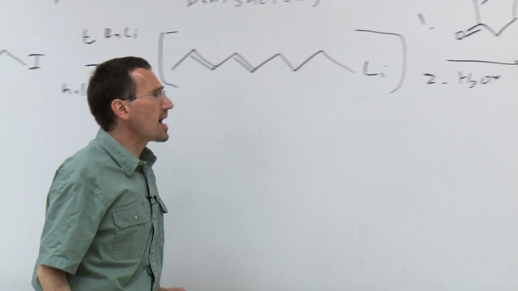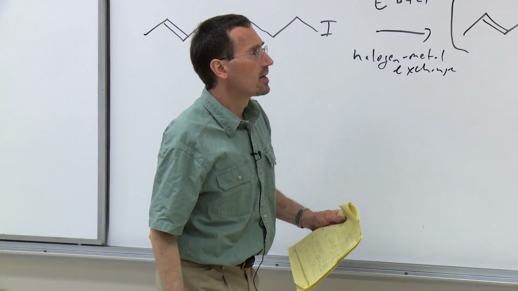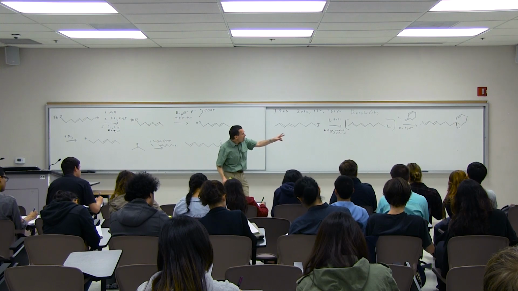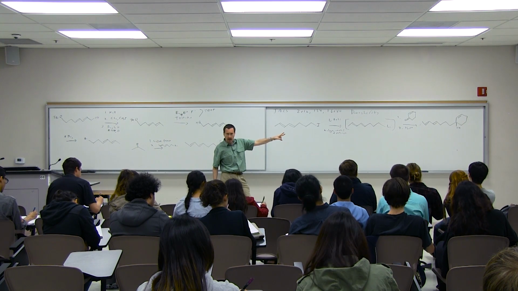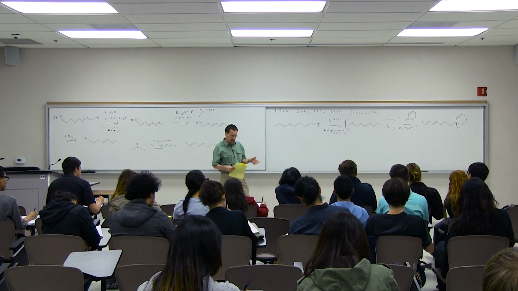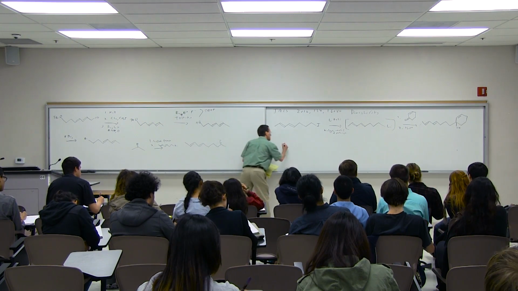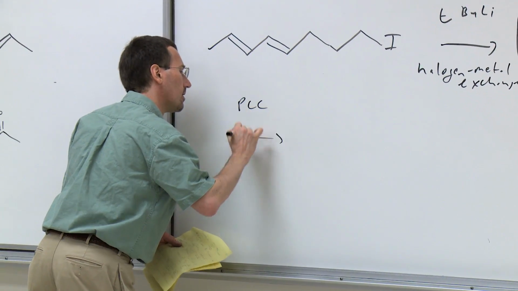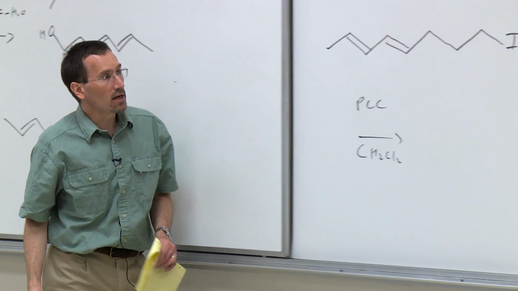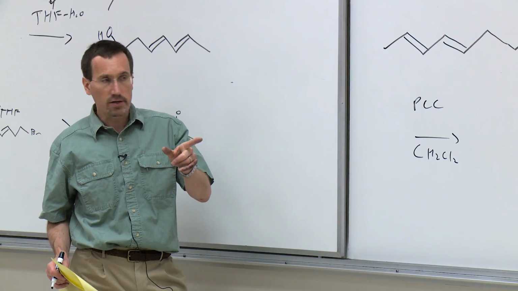And here's a reaction that we haven't learned. If you have a tertiary allylic alcohol and you oxidize it with PCC, or chromium trioxide, you get an allylic transposition.